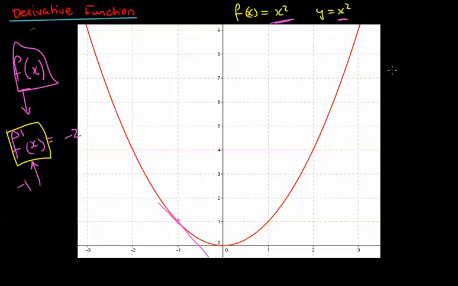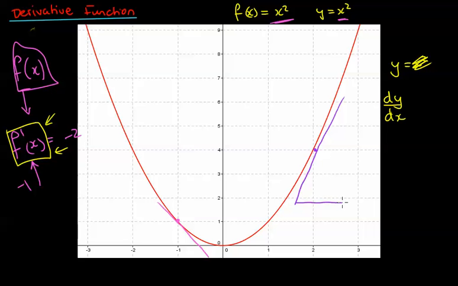That's one way of writing it, f dash of x. If I was writing y equals x squared, or y equals whatever, it really doesn't matter, then another way to write this same thing is dy by dx. This is the derivative function as well. Where this comes from: think about how you work out the gradient of any line, any straight line or a tangent line.